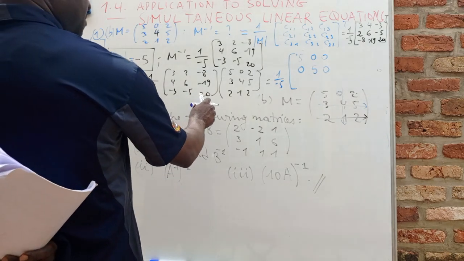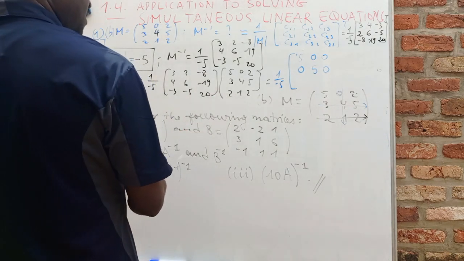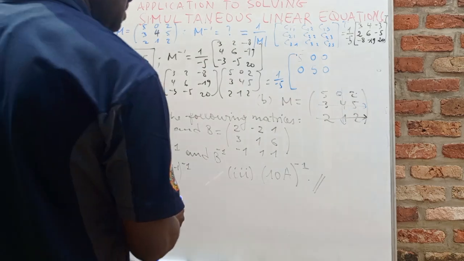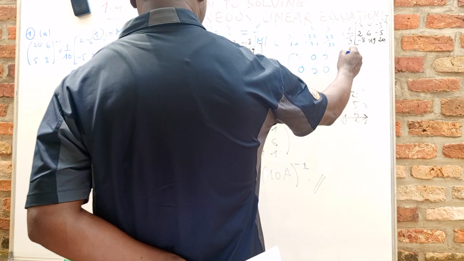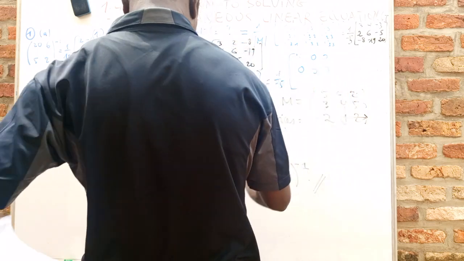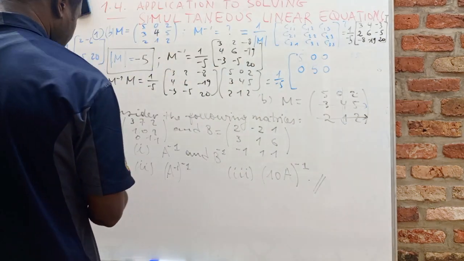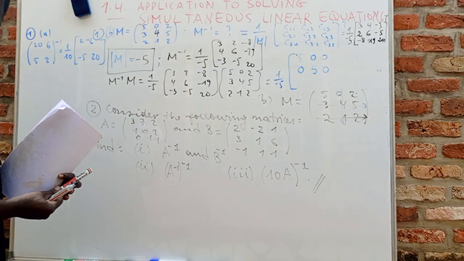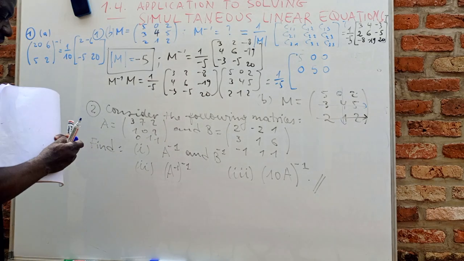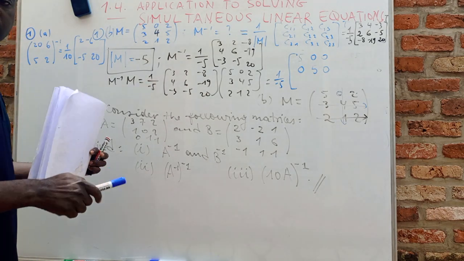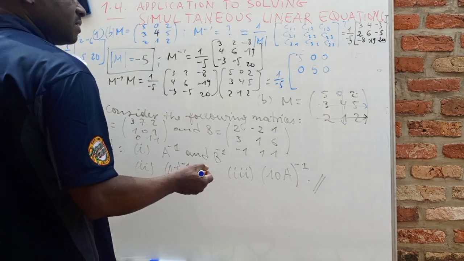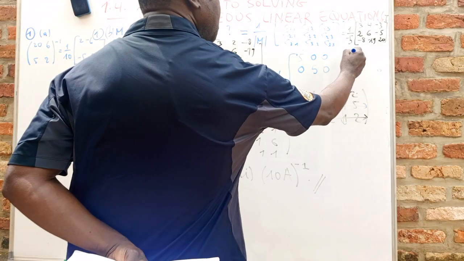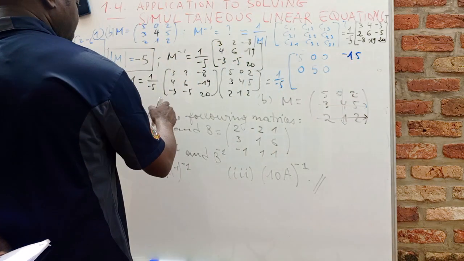Okay, now let me just look at this matrix. This product, it is negative 15. Oh, let me use another marker pen here. For example, this one, so it's going to be equal to negative 15.